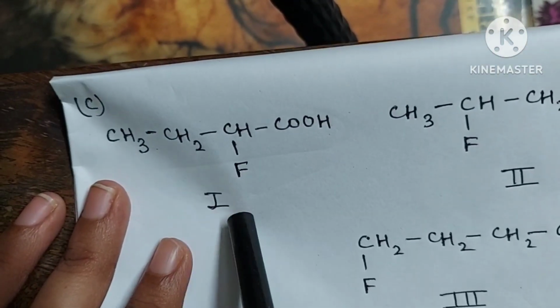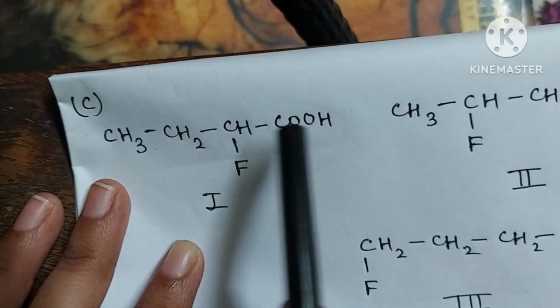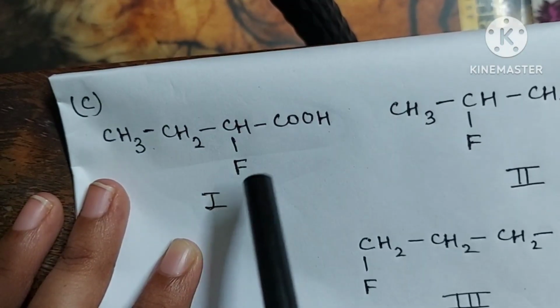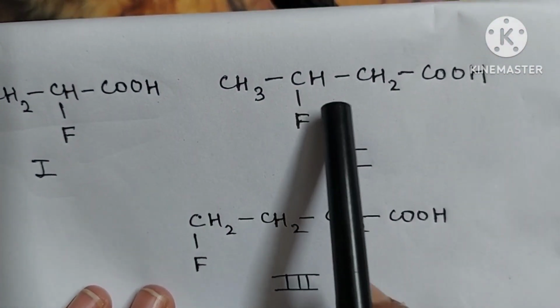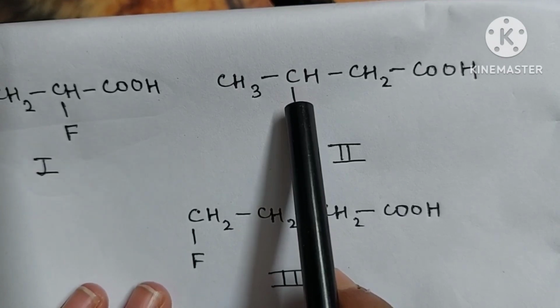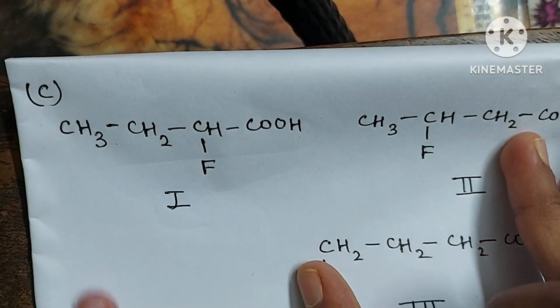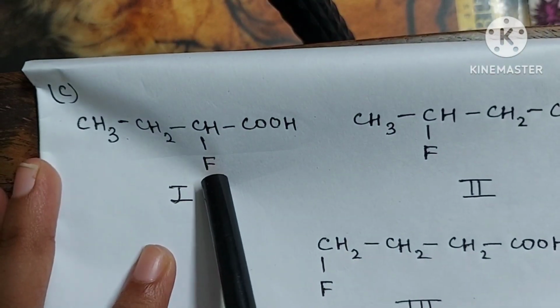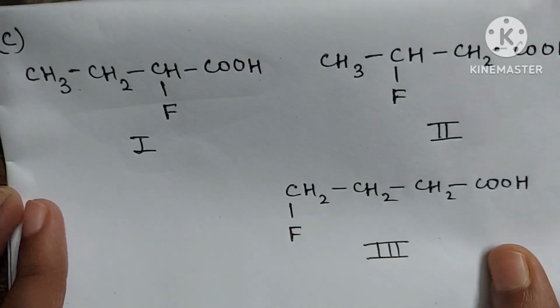In the first compound the position of fluorine is just the carbon after the carboxyl carbon. And here it is the second carbon, and here it is the last carbon. See here properly, the position of fluorine is changing.